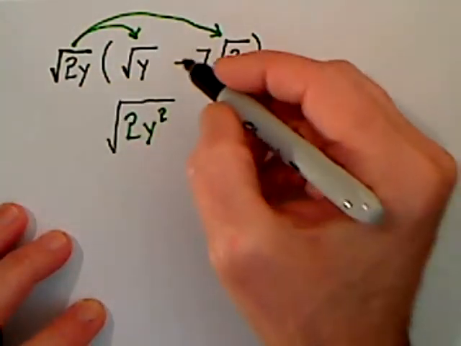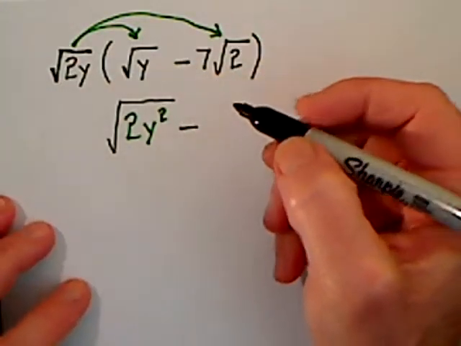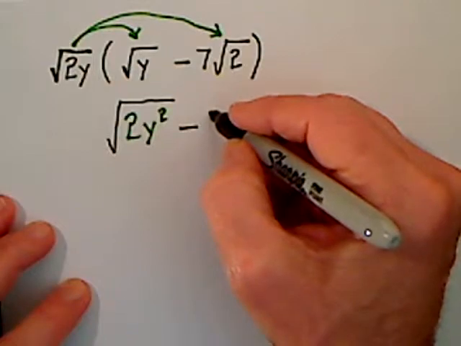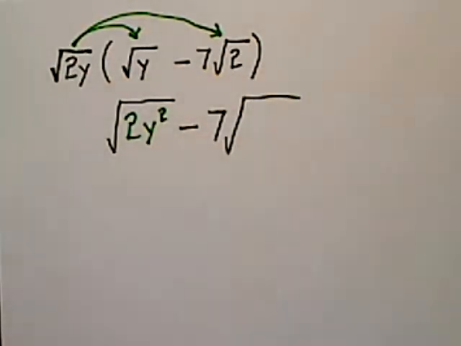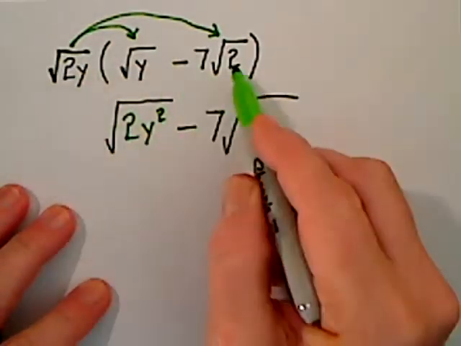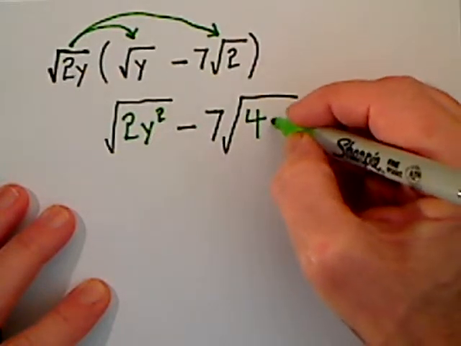Okay? And here's our negative or minus, however you choose to think of it. The 7's, nothing is going to happen with that. And then we'll have another radical sign. And we have 2y times 2. So that gives us 4y.